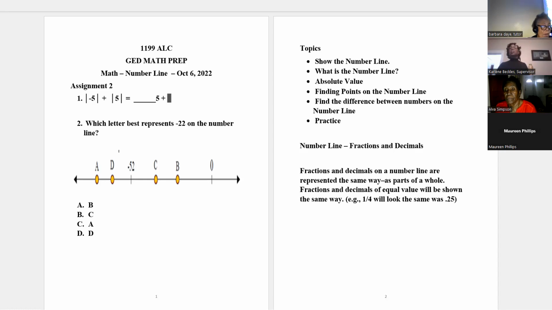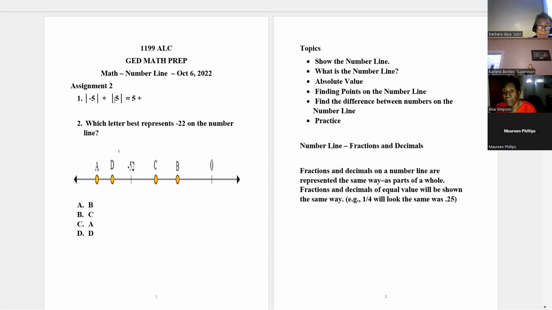So the absolute value of negative 5 is a positive 5, and that's what you said. That's correct. Now, what's the absolute value of the 5 here, the plus 5?